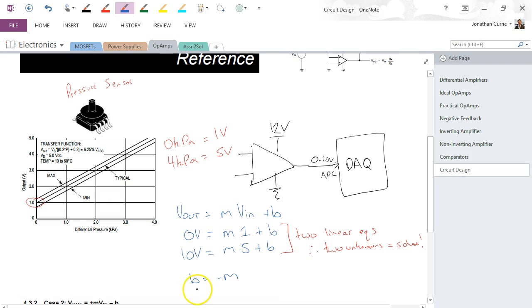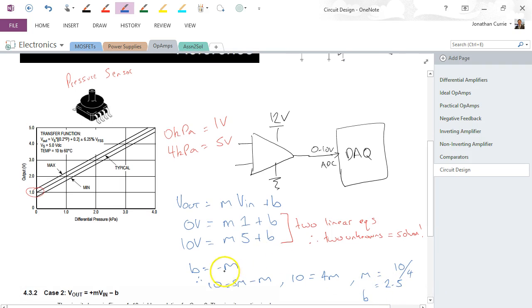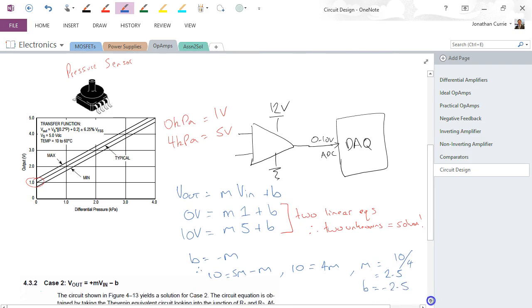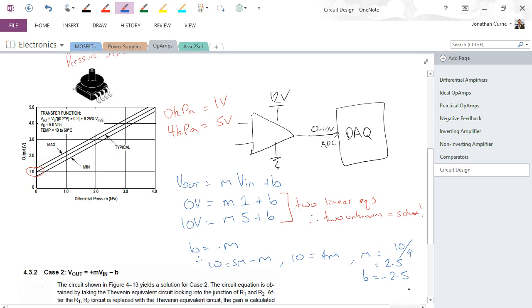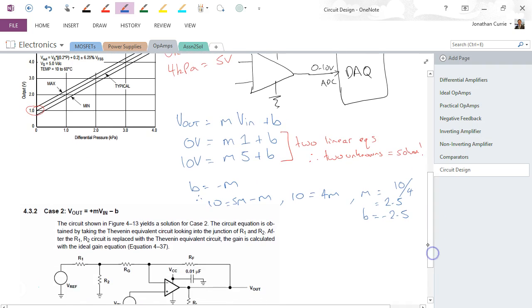Therefore 10 is equal to 5M minus M, which is 10 is equal to 4M, therefore M is equal to 10 over 4, which is equal to 2.5. And we know from this relationship B equals minus M, so B is equal to minus 2.5. Or we could have got our calculator to do it, but it's just solving a series of simple linear equations.